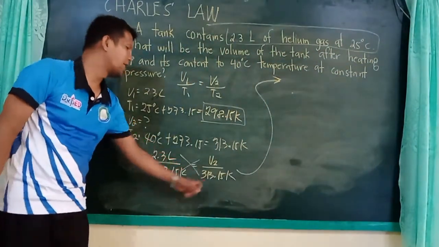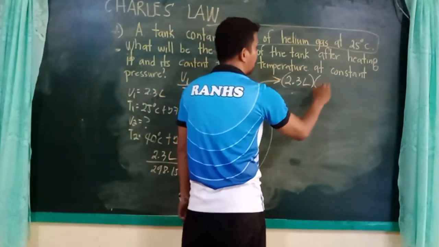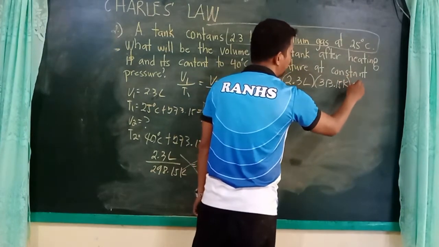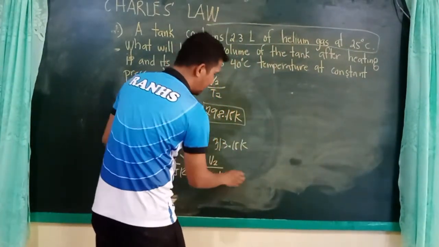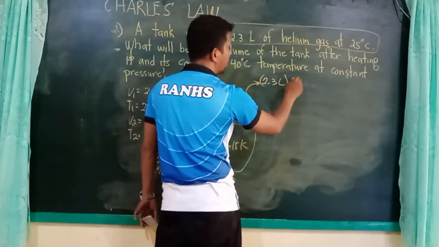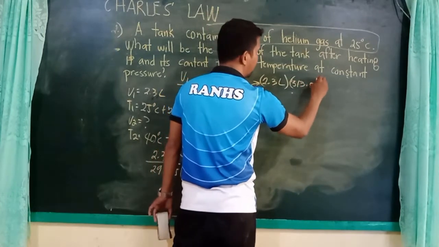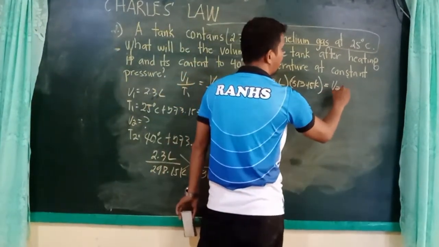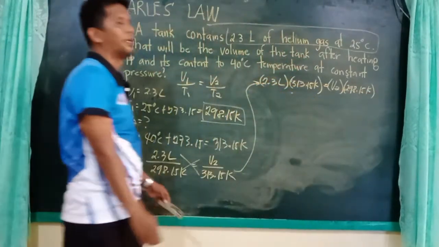So 2.3 liters times 313.15 Kelvin equal to V2 times 298.15 Kelvin.